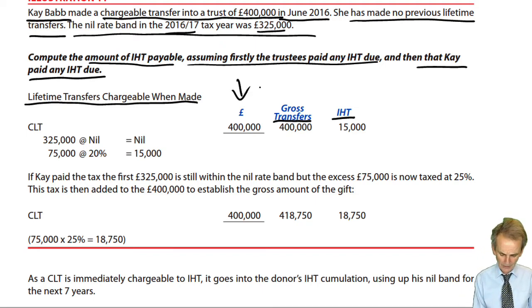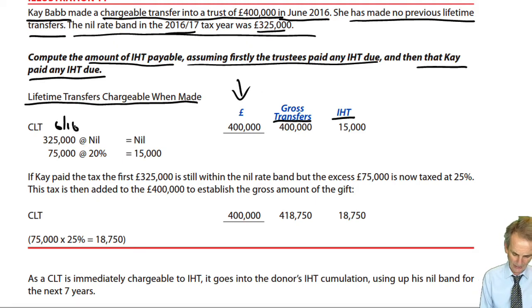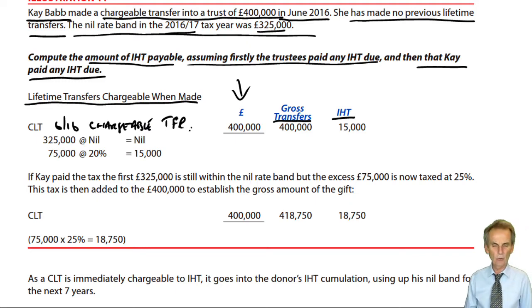But we've also got here a little working column into which, for the CLT, whatever date it was, this was June 16, there we put in the amount of the chargeable transfer. The amount of that chargeable transfer is the transfer of value less any lifetime exemptions. We haven't yet discussed what these lifetime exemptions are.